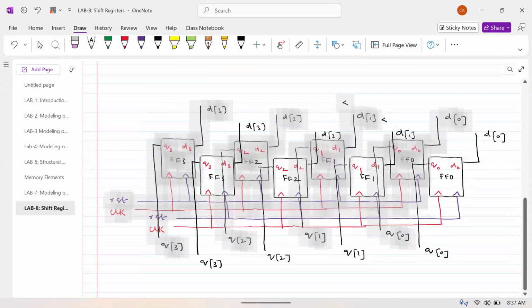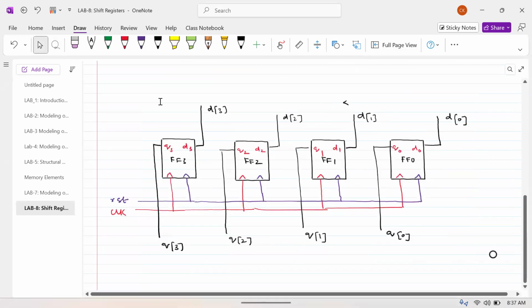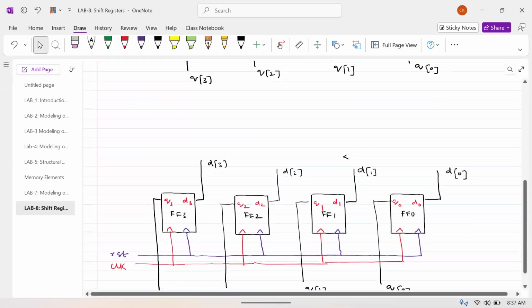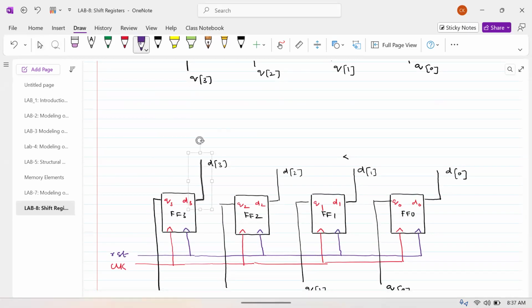So what we would like to shift actually, shifting means that we would like to go for serial in, serial out. What is the block diagram for the serial in, serial out?